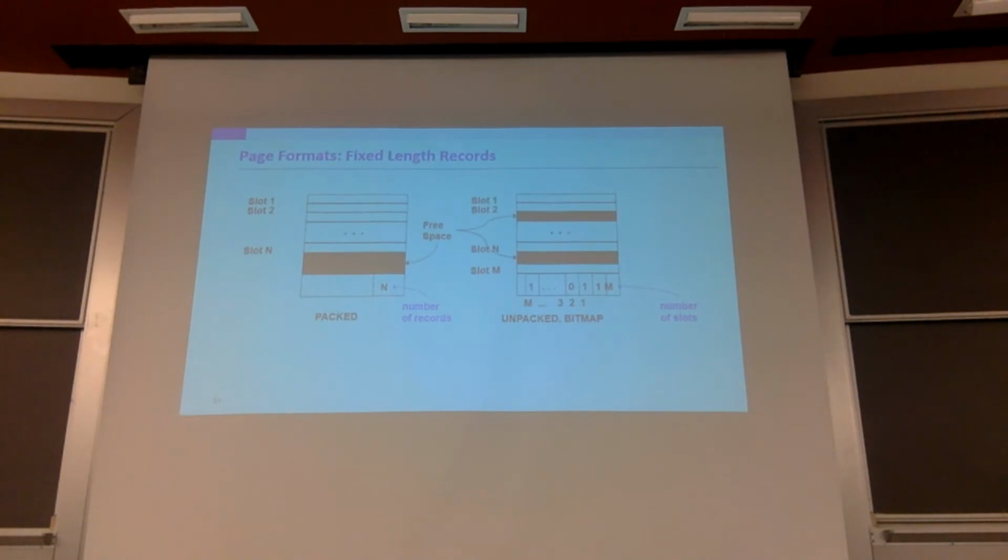Suppose you have a slot array like this. It's saying 16, 20, minus 1, and then 24.